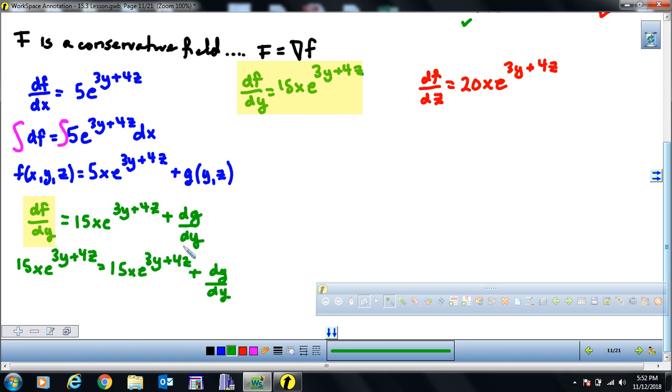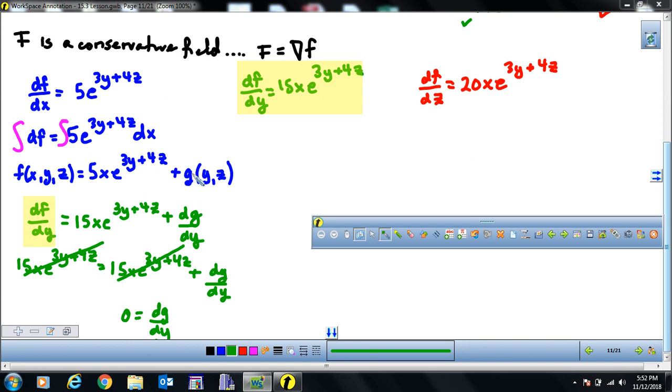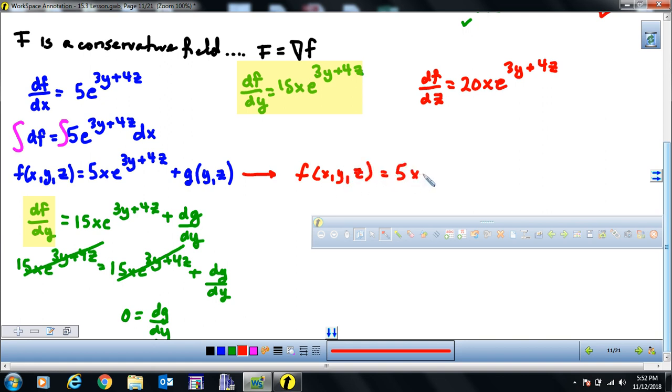You see that this function does not depend on y because we got 0, the derivative of g with respect to y is equal to 0. Okay? So that means that this could possibly be a function with respect to z. Could be. We're not saying that it will be, but it could be. So then that potential function could be this: 5x times e to the 3y plus 4z plus some function h with respect to z.